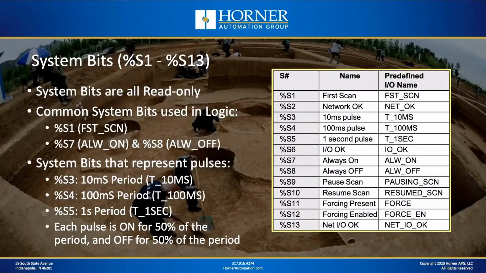They're basically a pulse. And you've got a %S3 bit, an %S4 bit, and an %S5 bit. So %S3 has a 10 millisecond period, %S4 100 millisecond period, and %S5 a 1 second period. And for each of these S bits, they are on for the first 50% of the period and off for the second 50% of the period.